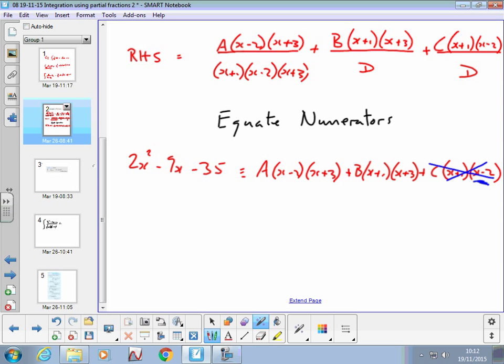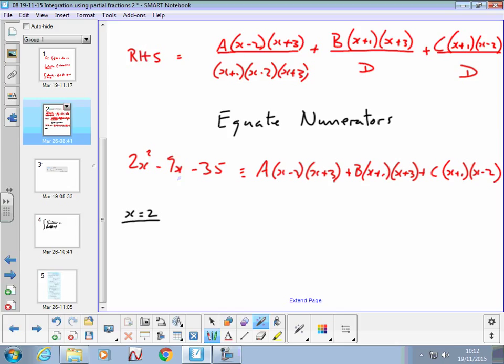So I can pick values for x, and I would do this 3 times for 3 different constants, a, b and c, and work out what x is. So I'm going to let x equal 2. That means I've got to substitute in 2 here, so I can work out what the left-hand side is, and hopefully then work out what b is.